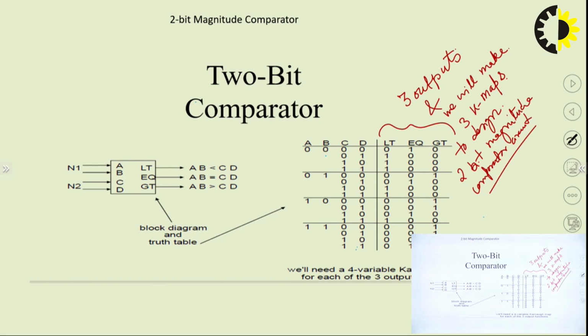So very easy, and in a very slow manner we can go for designing the circuits.